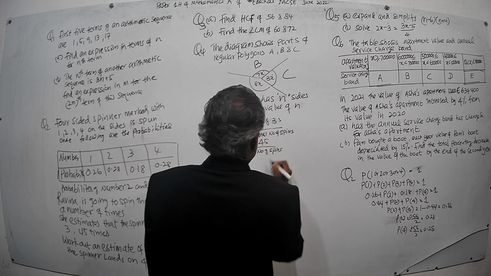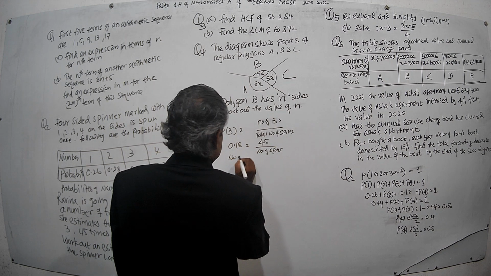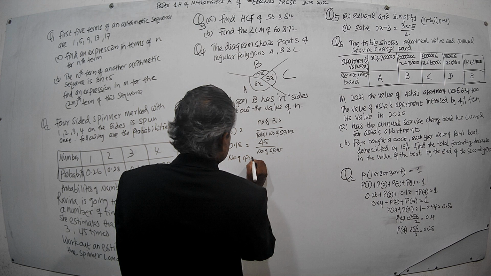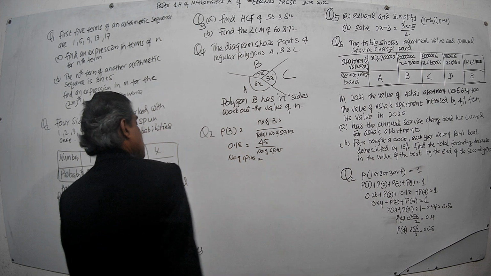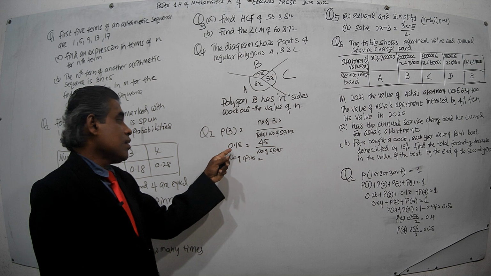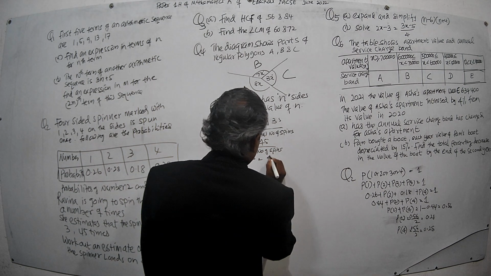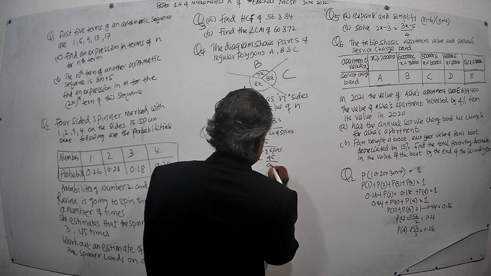We have to find that first. Take this to this side, then it will be 45 over 0.18.